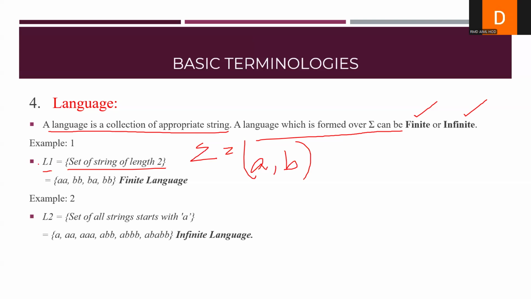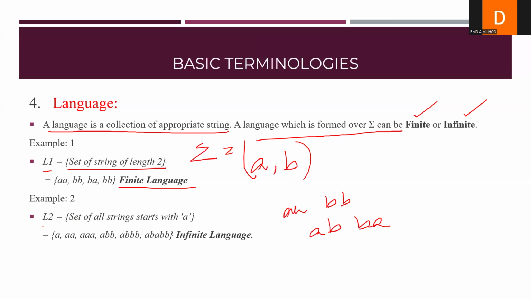What strings can we form? We can form aa, bb, ab, and ba. So I can form only 4 strings from this alphabet. The number of strings that I can form is finite. Hence, the language is called a finite language.